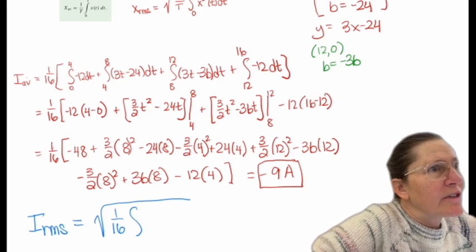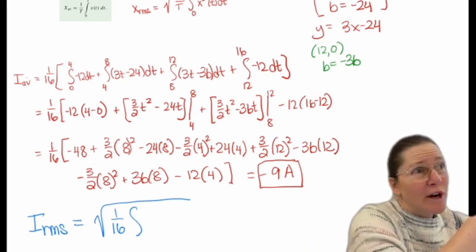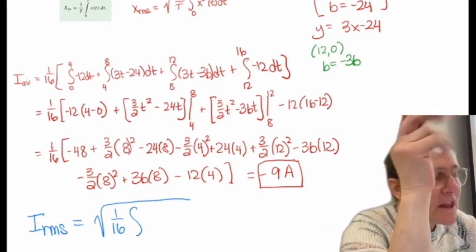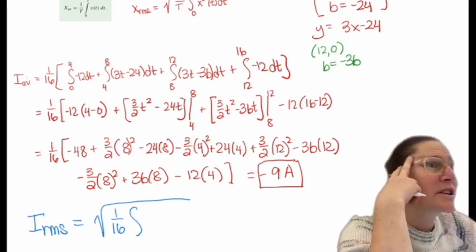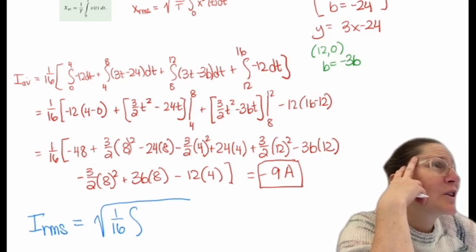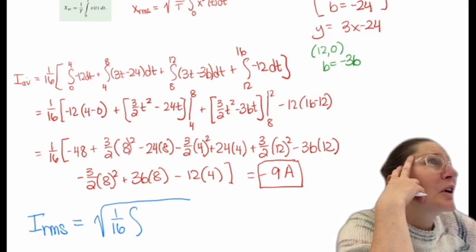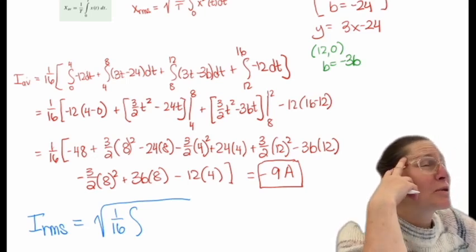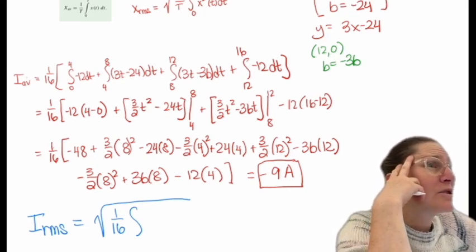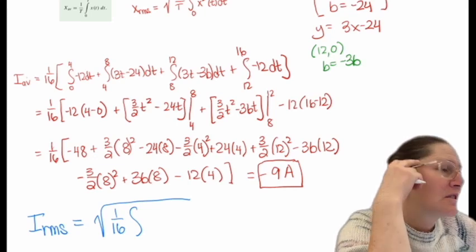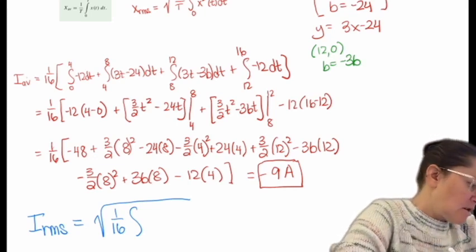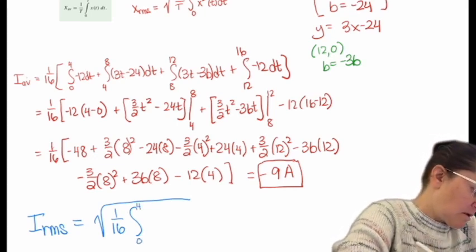The average is right in the middle of it, and the root mean square is a better representation of the actual average of the signal. Right, but isn't the t value the same, so wouldn't we be able to just plug the I average into the square root?